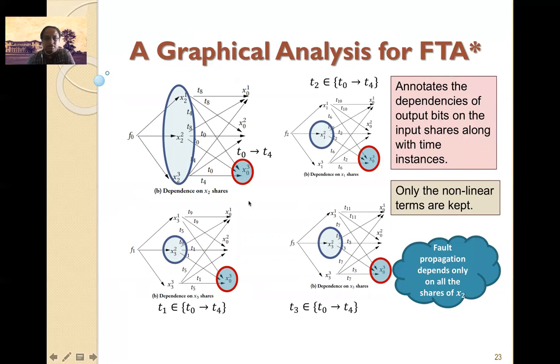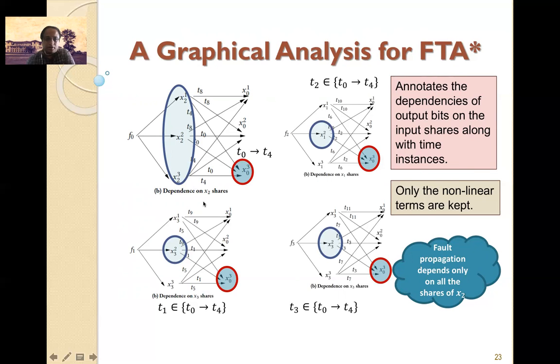In particular, in these diagrams, we try to show that if the fault is at the location x03, then from the diagram it is evident that all the input shares of x2 are involved in this computation, which implies that they get leaked. Whereas if you observe the other dependencies of x03, you can see that all of them are on partial shares, and therefore they do not camouflage the leakage of x2.